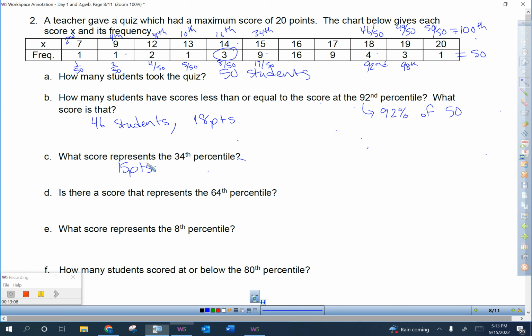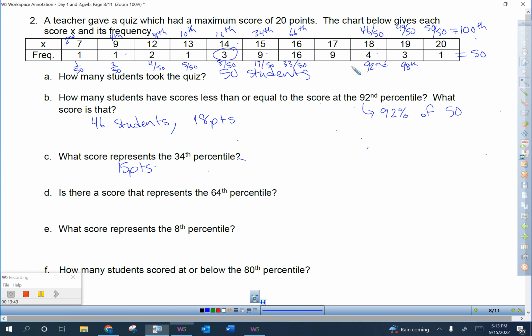Now this next one, it says, is there a score that represents the 64th percentile? Okay, so one option is to continue this to find the missing ones. Okay, we only have 2 left, so we'll go ahead and look at what that would do for us. Okay, so when we add on our 16 here, we are at 33, and then that looks like 66th percentile.